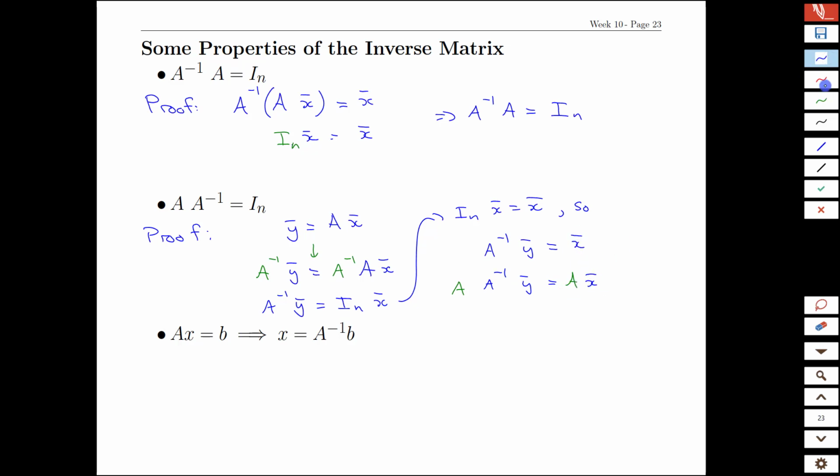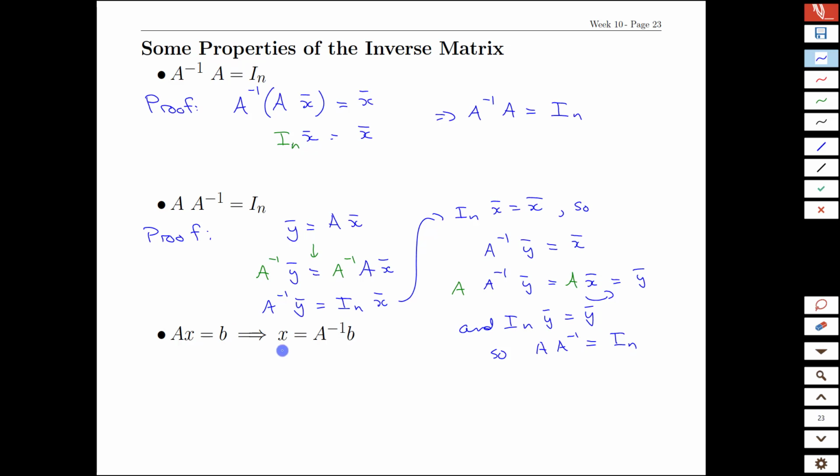But we said that Ax was equal to y in the first place, by our definition. So what we have is A times A inverse y is the same thing as y. The only thing that has that same structure is the identity matrix times y equals y. So we must have A times A inverse also equal to the identity matrix.